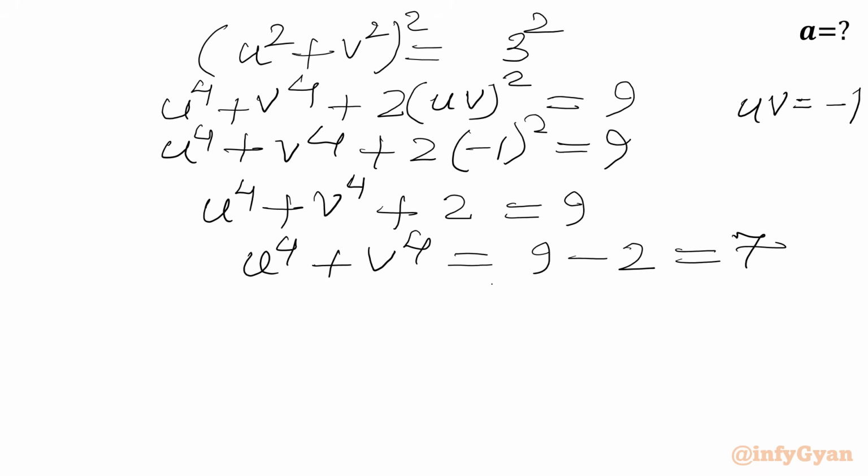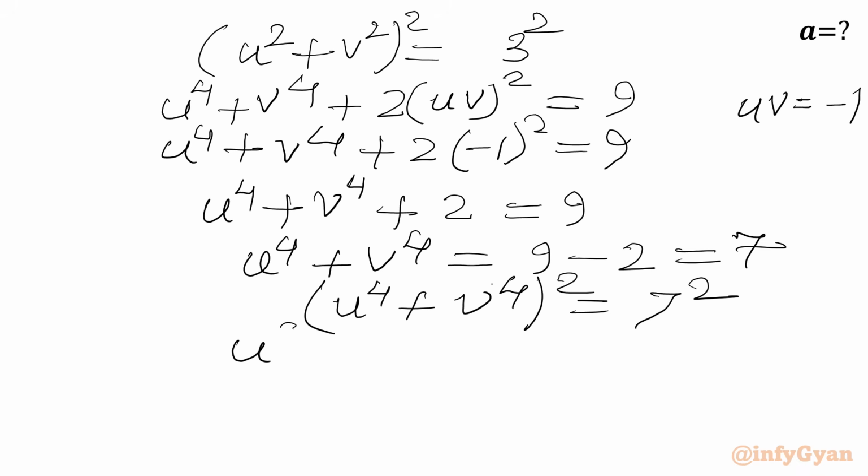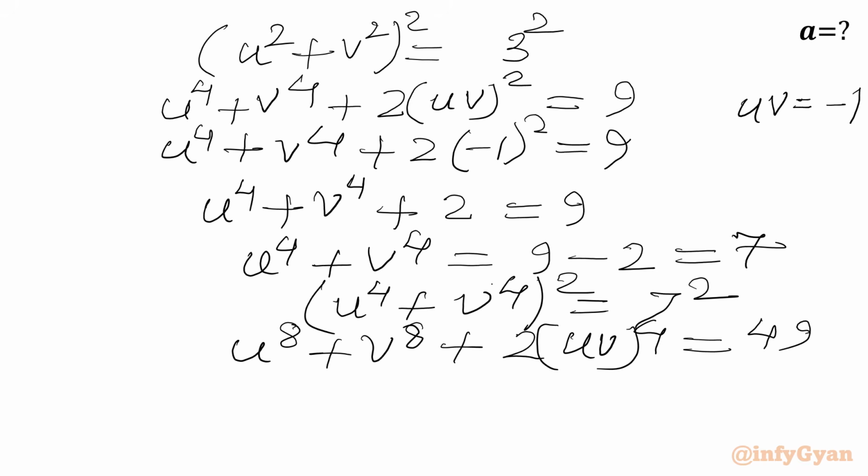Now we have to consider squaring once again. So we'll write u power 4 plus v power 4 equal to 7. We'll put power 2 on both sides. So we'll be able to write u power 8 plus v power 8 plus 2 times (uv) whole power 4 must be equal to 49. Now u times v is negative 1, so here I will put negative 1.